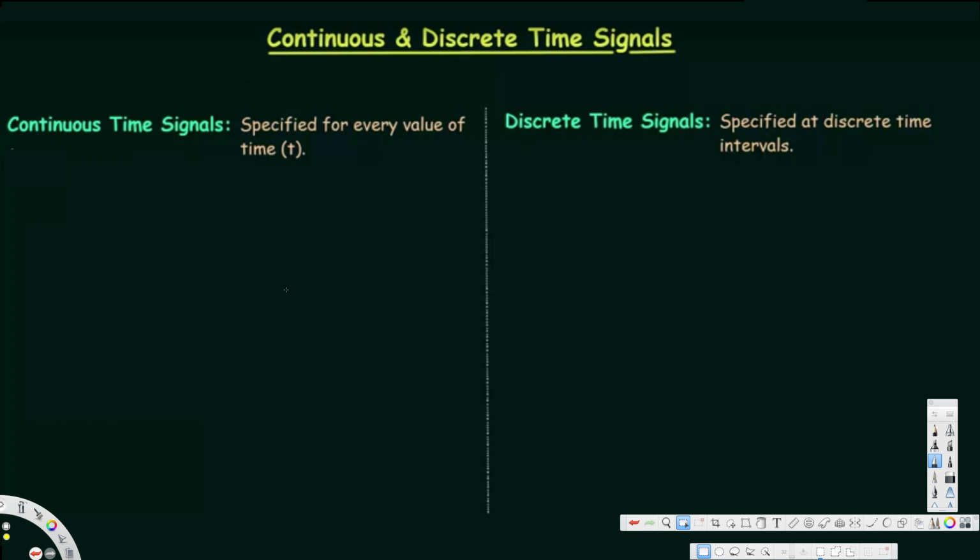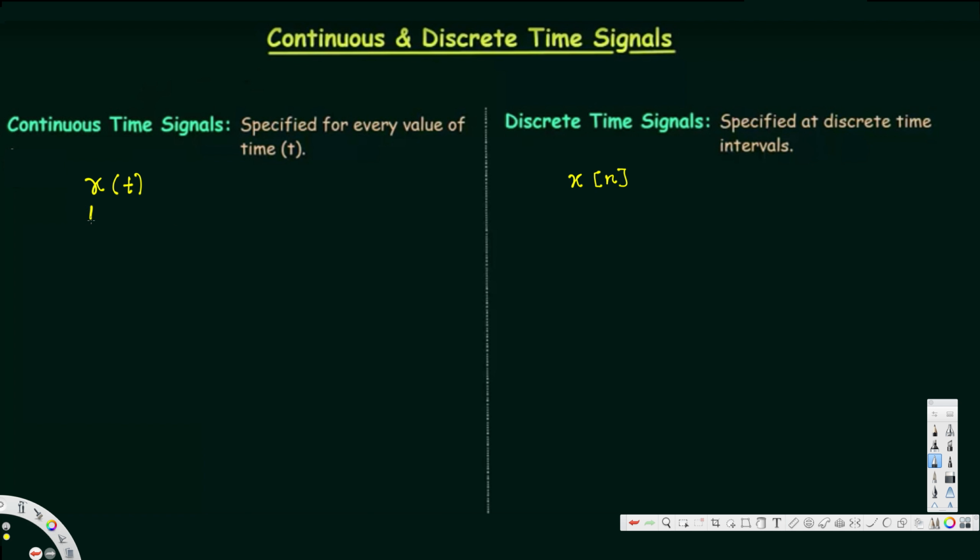Guys, in this video we are going to talk about continuous and discrete time signals. A continuous time signal is a signal that is specified for every value of time, and a discrete time signal is a signal that is specified at discrete time intervals. The continuous time signal is given by x of t, and the discrete time signal is given by x of n.